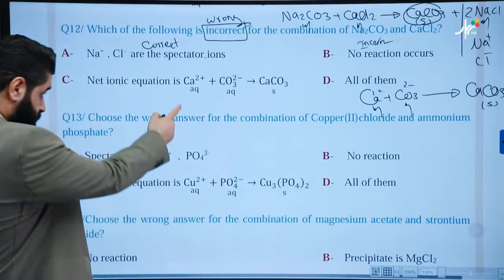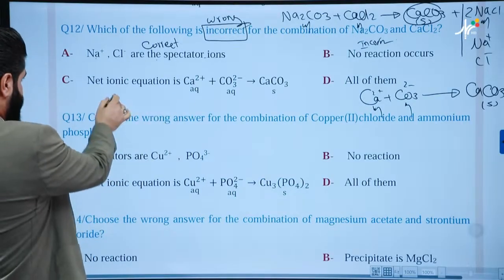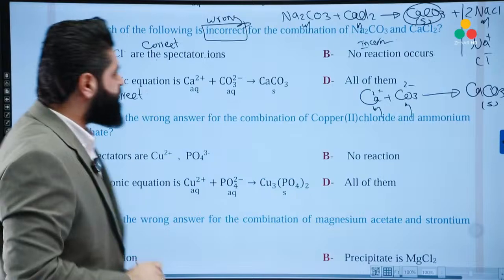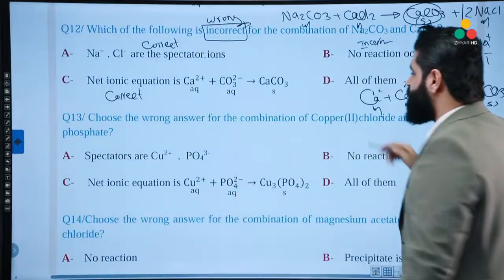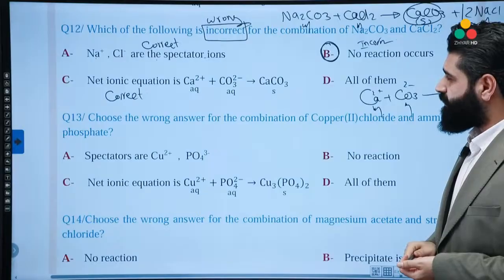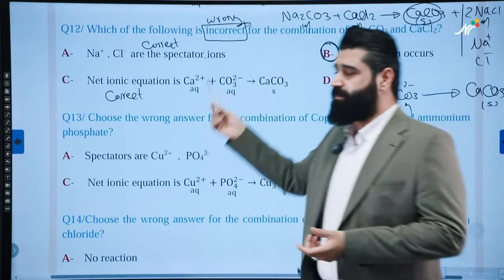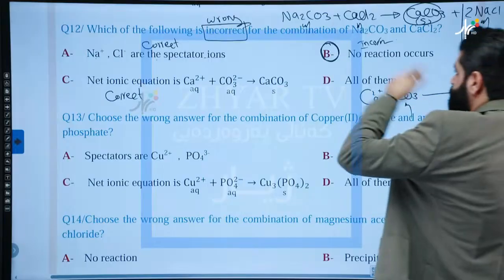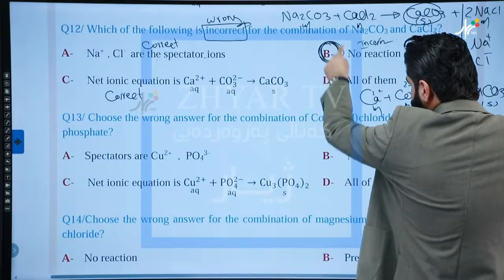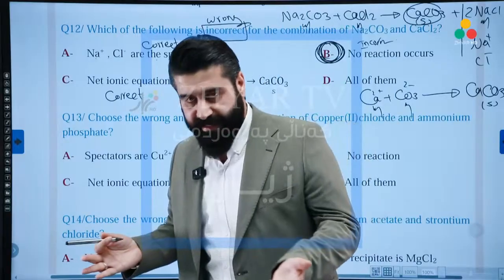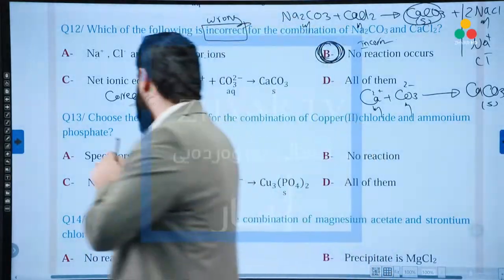Yeah, this is correct also. So which one is incorrect? No precipitation occurs. This is the incorrect one. But if I say select the correct answer, then A and B are correct. In this case, the incorrect answer is the appropriate answer for this. B will become the correct answer for this question.